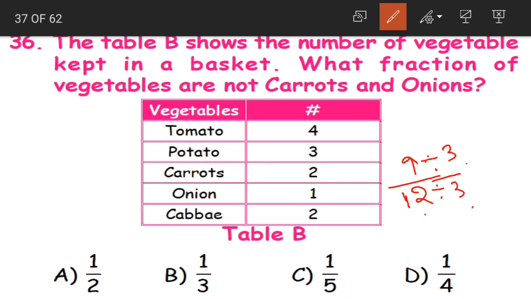So let us divide them both by 3. 9 divided by 3, 3. 12 divided by 3, 4. See, 3 3s are 9 and 3 4s are 12.